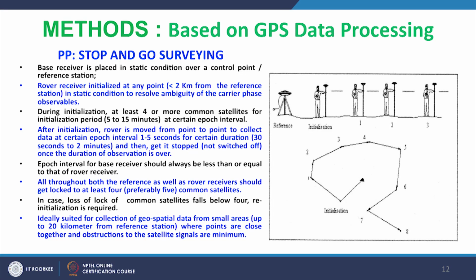Once it is done, the rover receiver is kept on the points whose position needs to be determined. After initialization, the receiver has to be kept on the first point. Once it is taken to that point, we place it on the point and data is collected, and once the data collection is over, it is stopped, and then we take it to the second position.